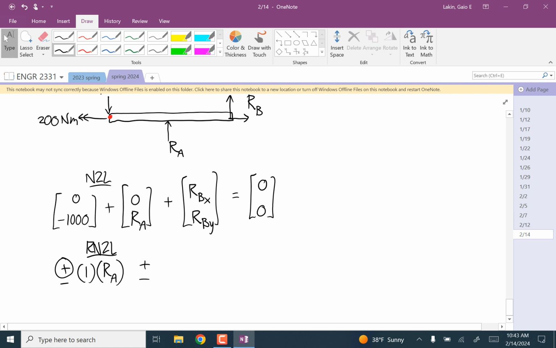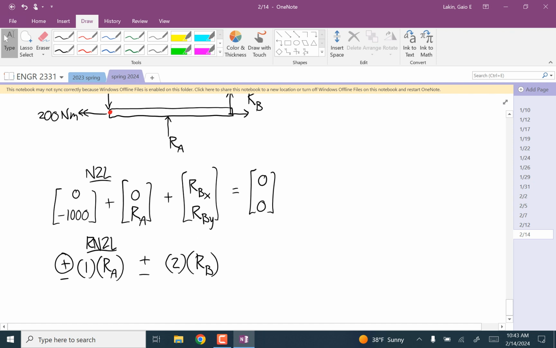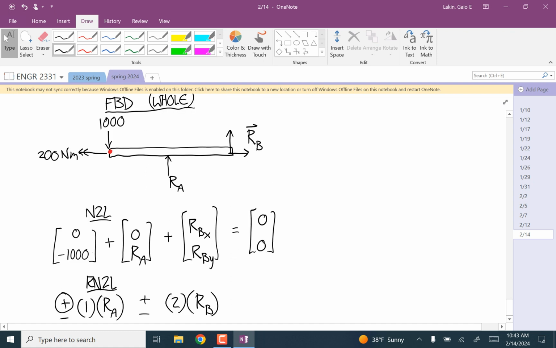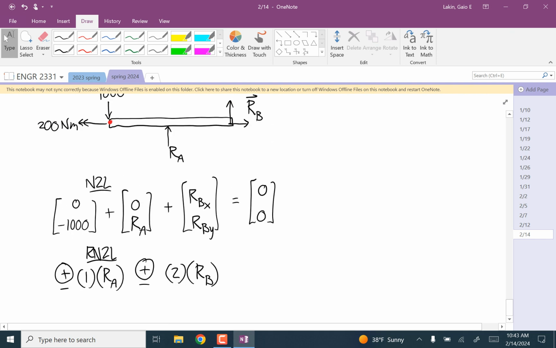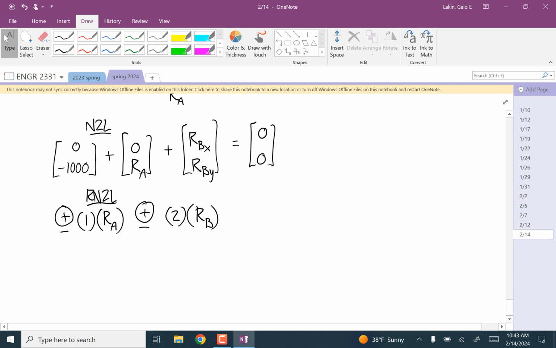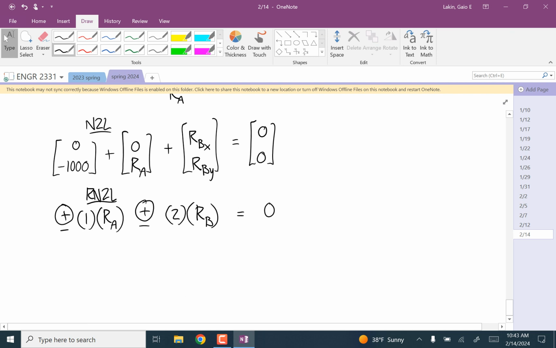The x component, its line of action goes right through that point. So that has a moment arm of 2, a force magnitude of RB. And is that clockwise or counterclockwise? The RBY would be counterclockwise, so it's another positive. And this is equal to 0.